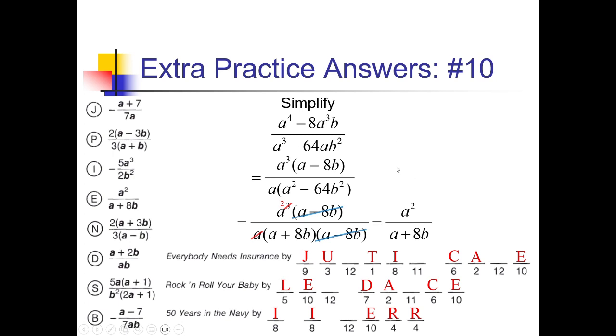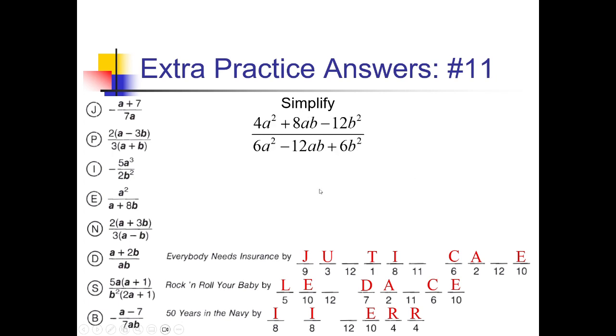All right, moving on. So here's the penultimate problem, second to last problem. Let's start with common factors. For the numerator, definitely can take a 4 out of all those. That leaves me with a squared plus 2ab minus 3b squared. And then for the denominator, if I take a 6 out of all those, I have a squared minus 2ab plus b squared.